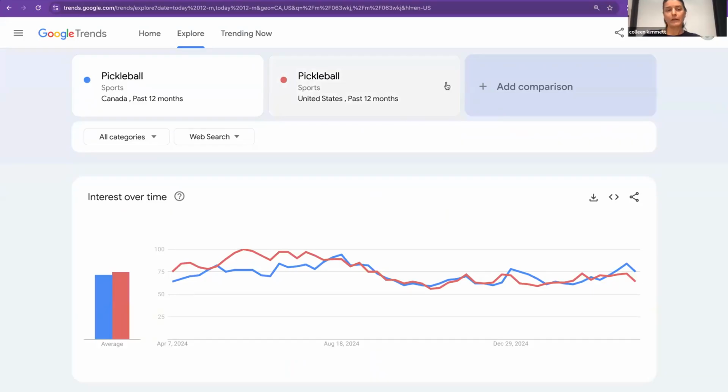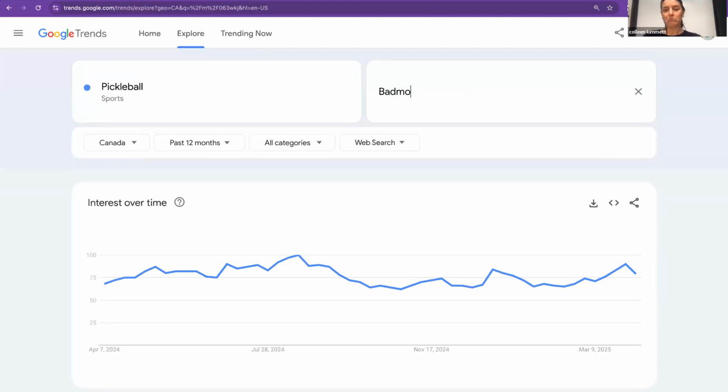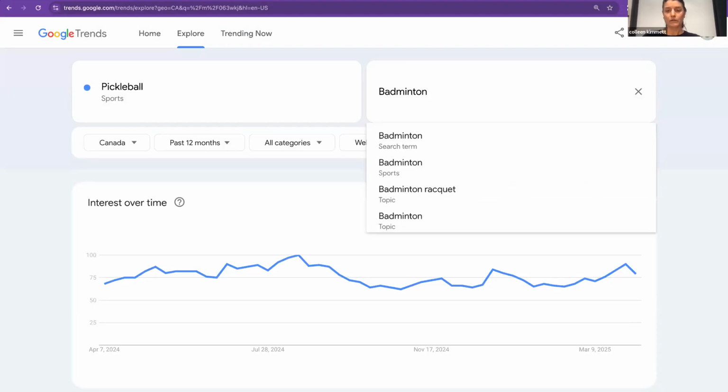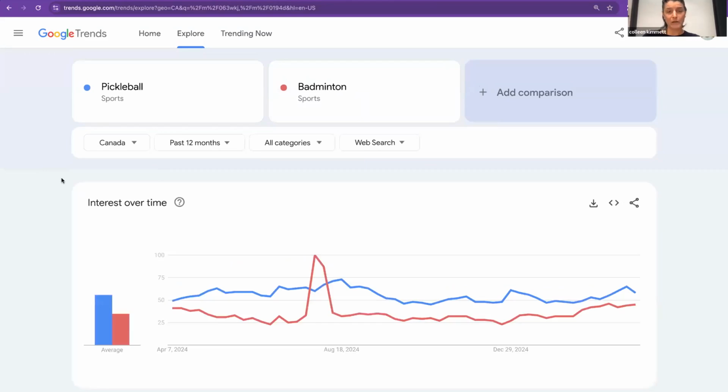Or we could look at when pickleball became popular relative to other sports. I'm always searching for badminton courts in Montreal, and I find it hard to find, and I blame pickleball.